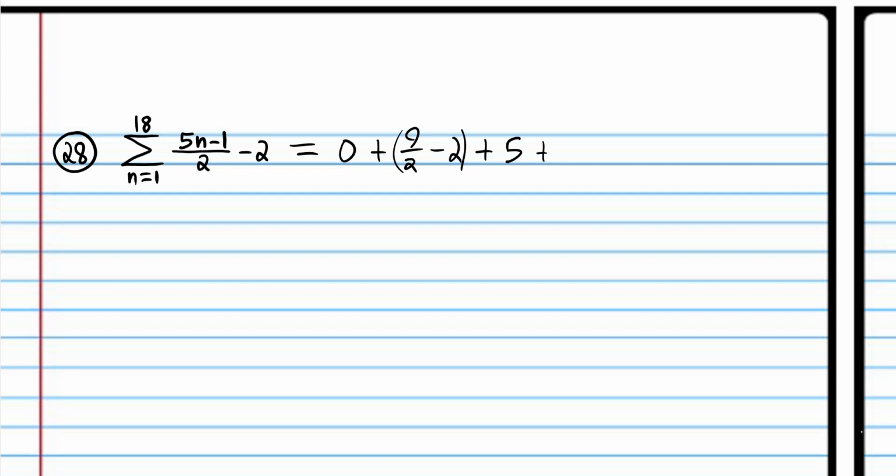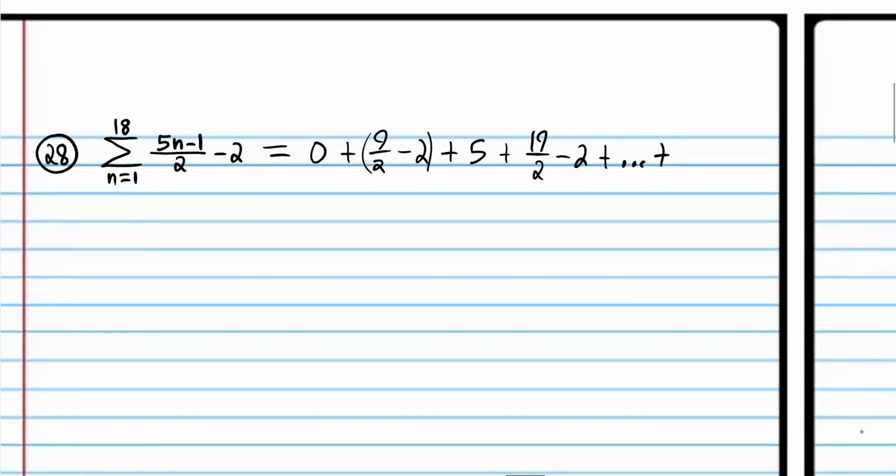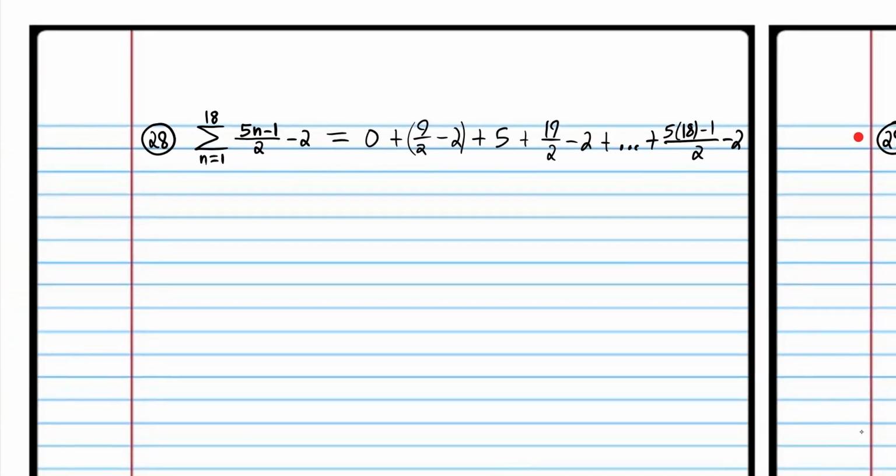Plug in 4, you get 19 over 2 minus 2, and so on and so forth. So it's a little difficult to see the pattern. Last number I'm going to plug in is 18. So that's the last term there.